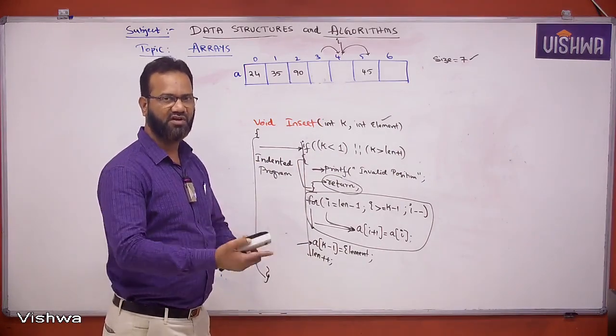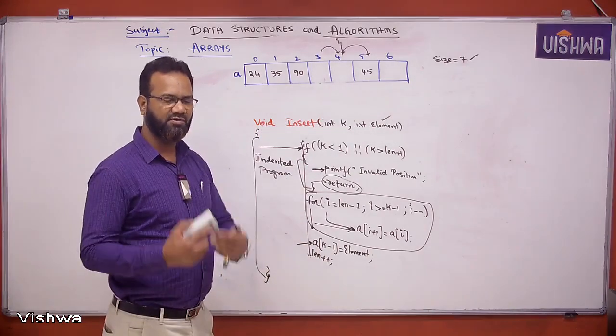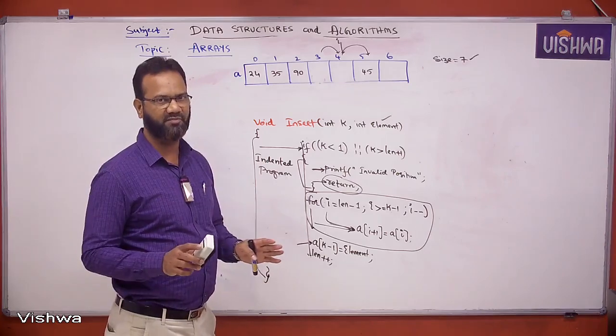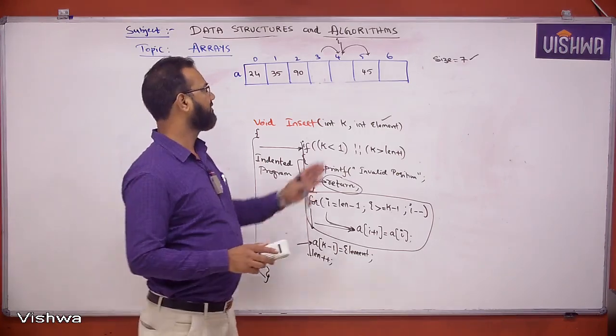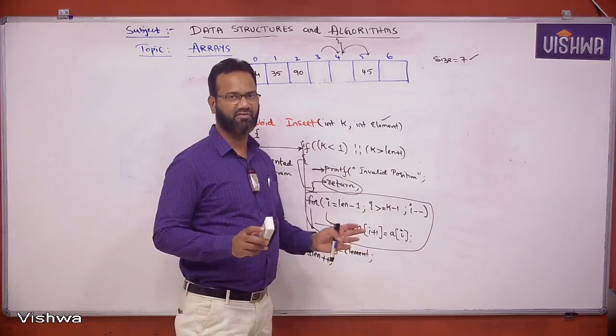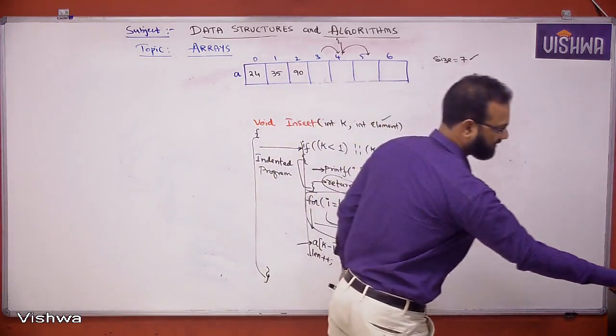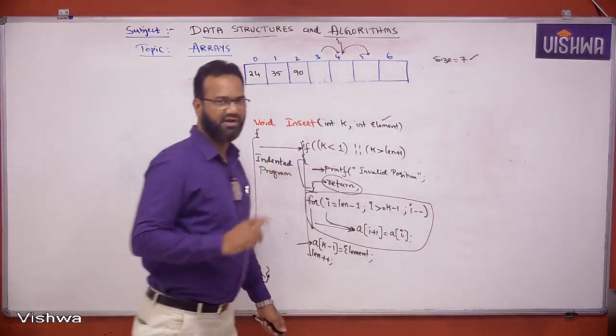Contents are overwritten one above the other. Like that, we want to delete also. Physical deletion of elements does not take place in an array. You have to remove the array itself from the memory, then only those elements will be gone. Otherwise, those elements will be there in the memory unless and until you deallocate the memory.